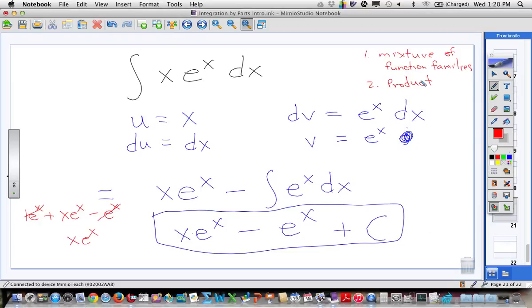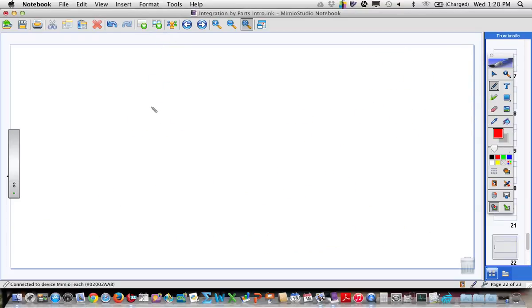All right? Let's do one more, and then I'll let you go to work. Integral of x ln x. Now let's make that x squared ln x dx. Again, you have a mixture of different function families. There's nothing that really stands out at you where you can let u be that thing.